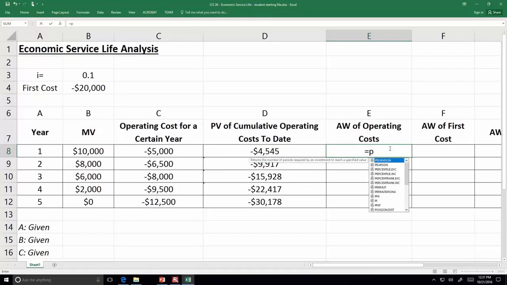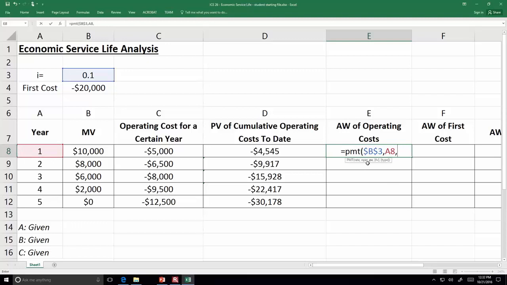So equals PMT. Our rate is 10%. We want to anchor it, because we can drag the function down. We don't have to type it in lots of times, so it's important to anchor the functions if we're planning to do that. N, we don't want to anchor, because for each row it's going to be a different number of years of ownership. So I'll just click on the year for N.